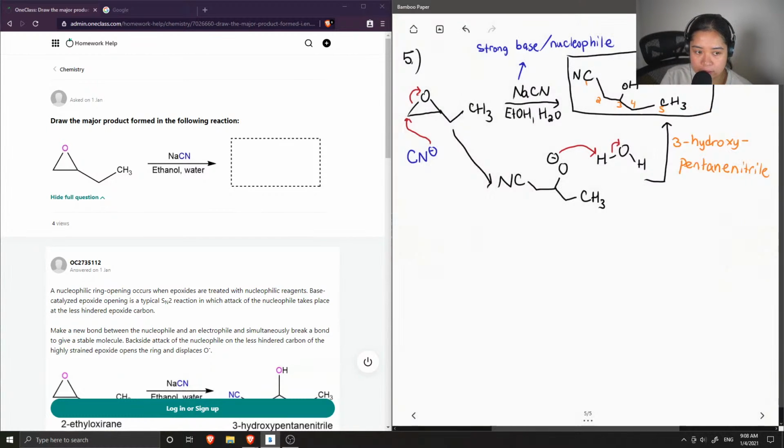Okay, so I'll also write down what happened in this mechanism, which is referred to as an SN2 mechanism.